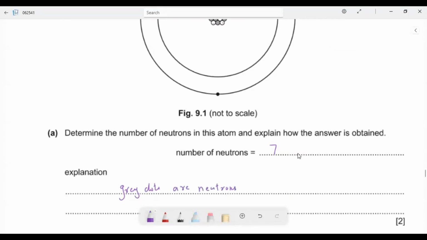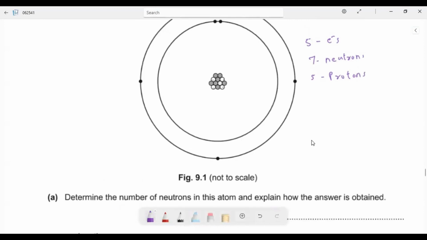Otherwise, we can find it as the total number of electrons is 5, and the total number of particles inside the nucleus is 12. Total 12 particles are inside the nucleus, that is its mass number. And we can subtract 12 minus 5, and we will get the answer as 7. In this method also, we can find it.